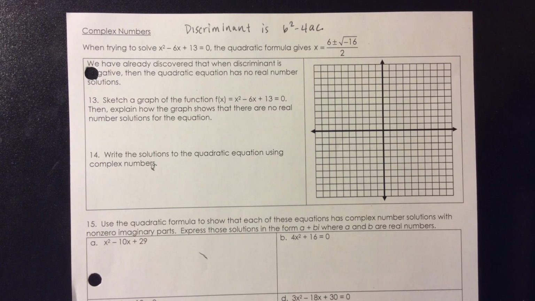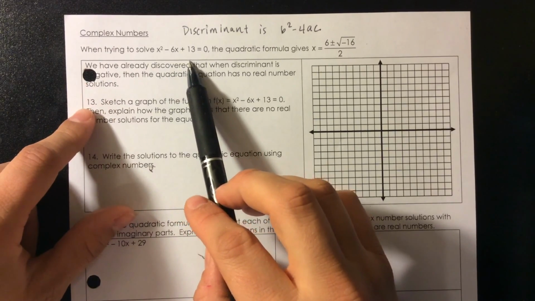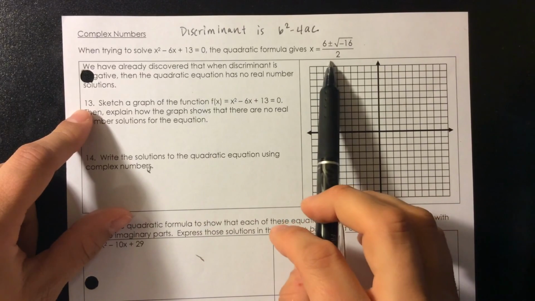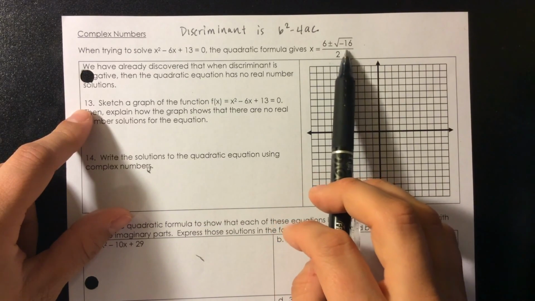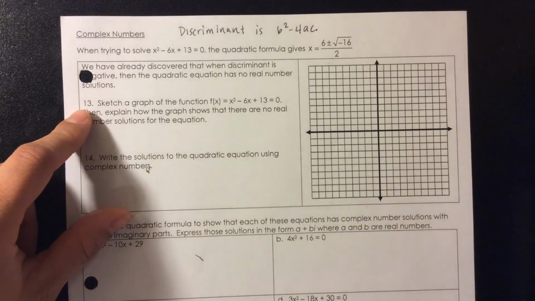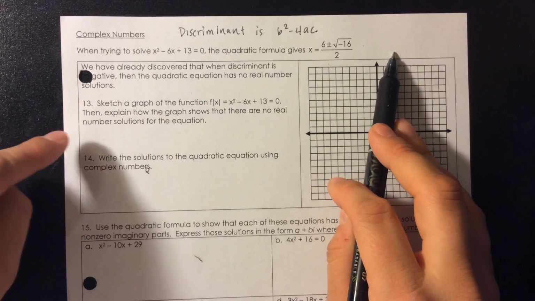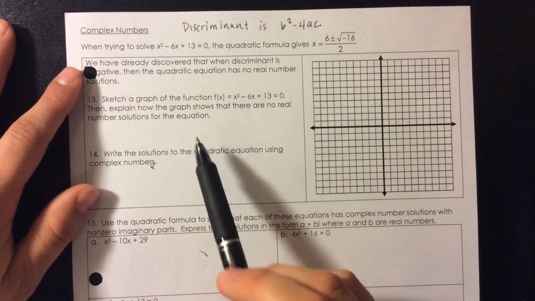So, for instance, if we look at this quadratic equation right here, x squared minus 6x plus 13 equals 0, this is the answer that we end up getting when we use the quadratic formula. As you can see here, we're going to get an imaginary number, okay? So, let's sketch this and let's just make sure that we're good on the connection of what's happening.